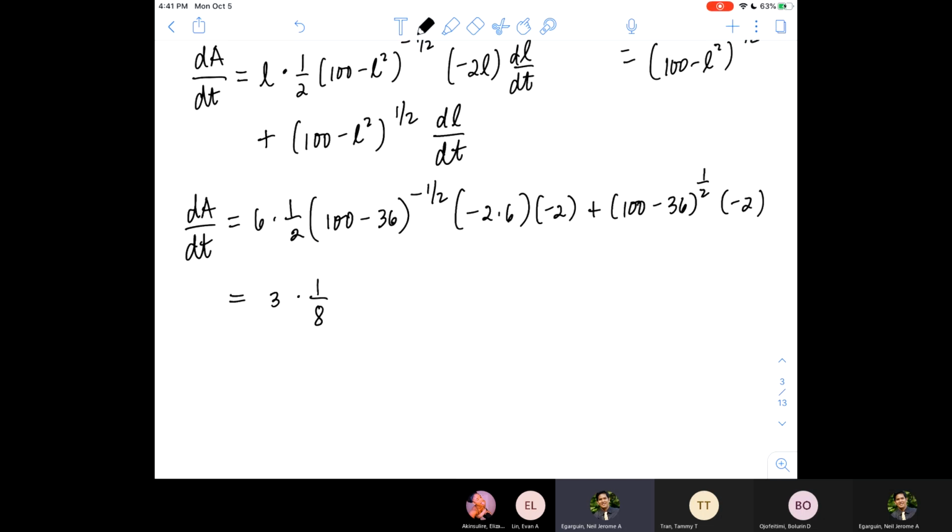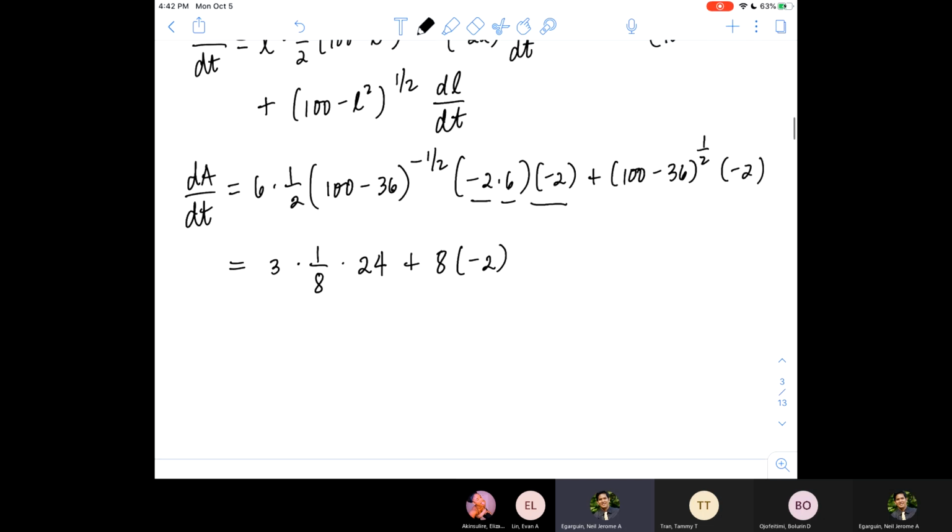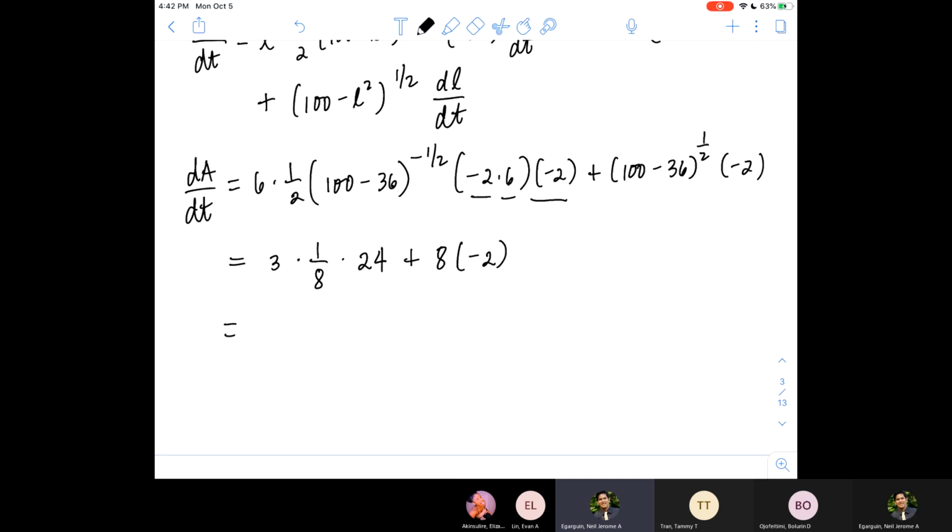And then I'll have negative 2 times 6, that's negative 12 times negative 2, so that's positive 24. Plus, I know that the square root of 64 is 8 times negative 2. Okay? So this would be 9 minus 16. So that's going to be minus 7.